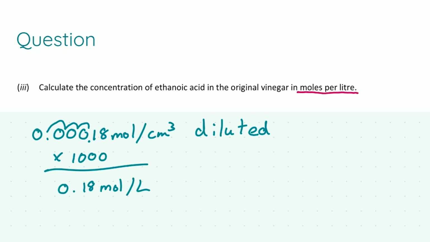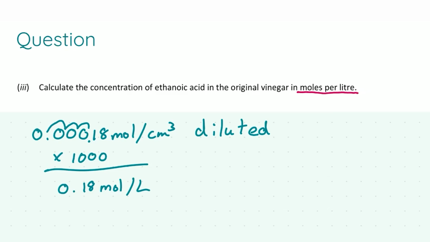Now, if we remember back to the start of the question when we were working out our dilution factor and what the volume of ethanoic acid was of the original vinegar in the solution, you remember we divided by 5. However, since now we're going in the opposite direction, we're going from diluted to original, we multiply by 5.